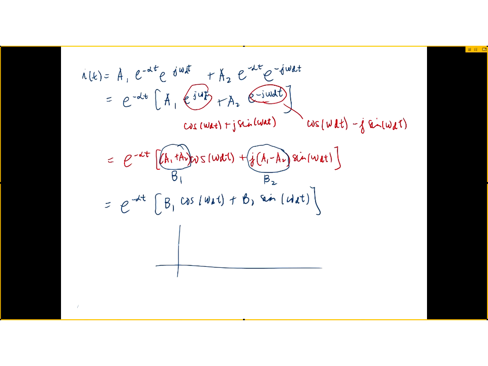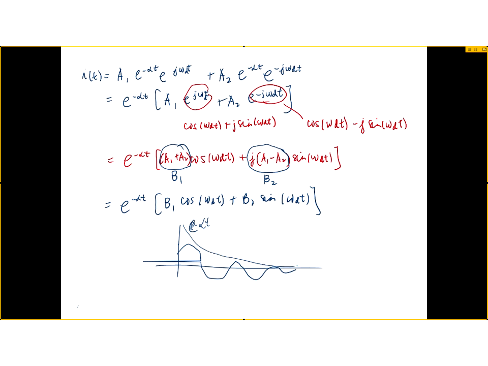So it's really just a decaying sinusoidal function. So the graph would look like this. So here's my e to the negative alpha t. He's calling it the envelope. And then I have some sinusoid oscillating between them. So instead of having a regular sinusoid like this, the amplitude is just exponentially decaying.